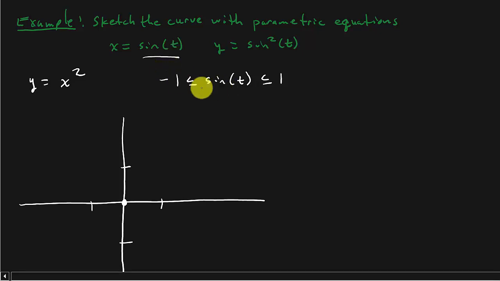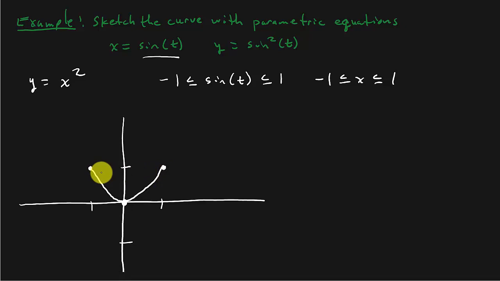So if sine t is between negative 1 and 1, that also means x is between negative 1 and 1, right? So yes, it's a parabola, but it's just right here. You see that?